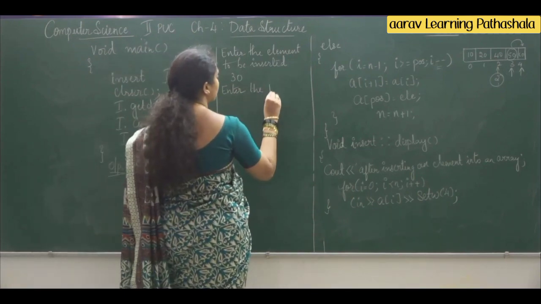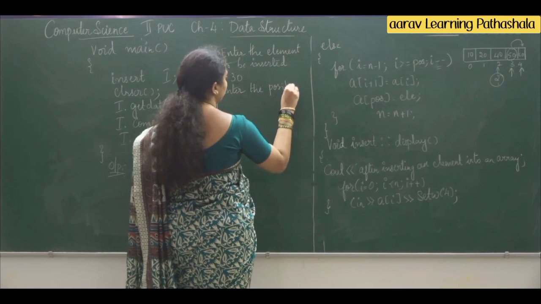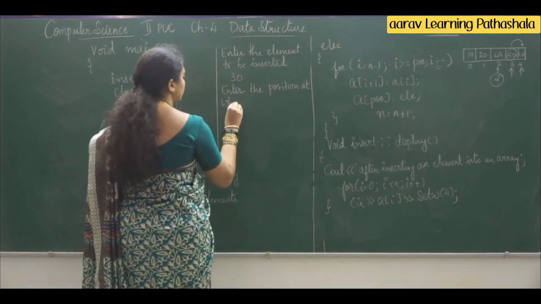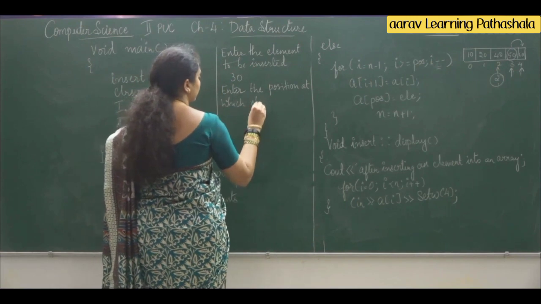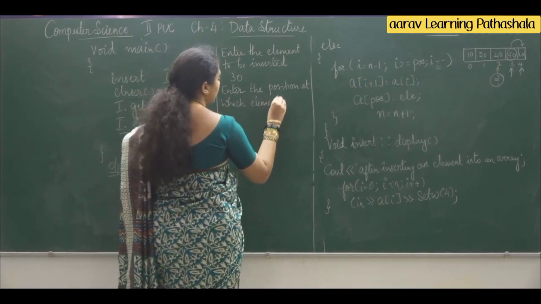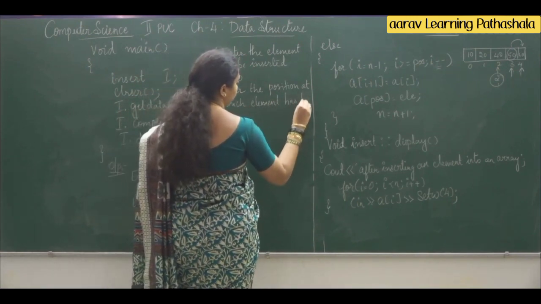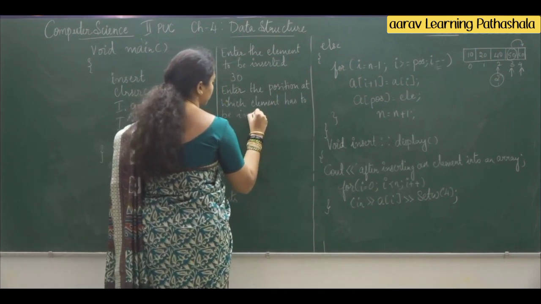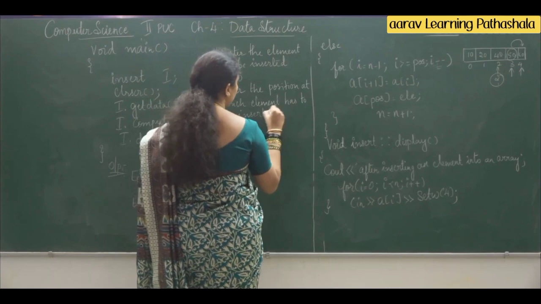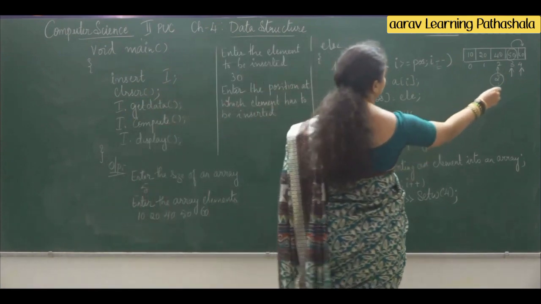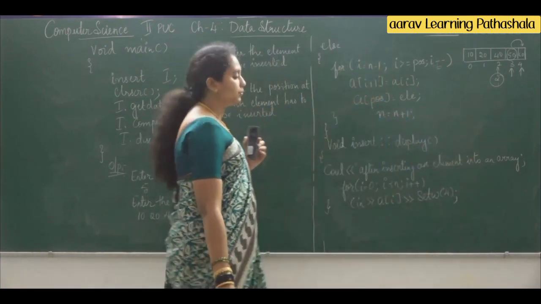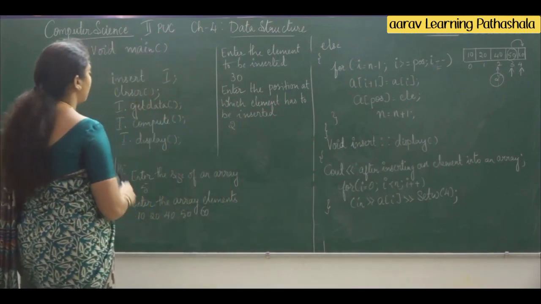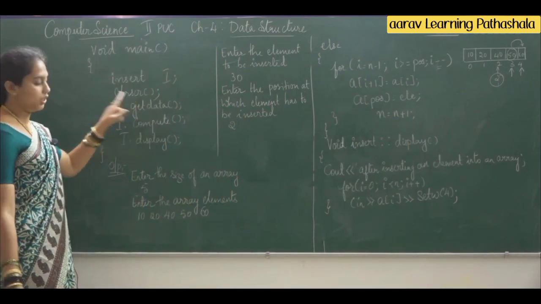Enter the position at which the element has to be inserted. At which position do I want to insert? I want to insert at position 2. So enter 2 here. So this is about the getData function.